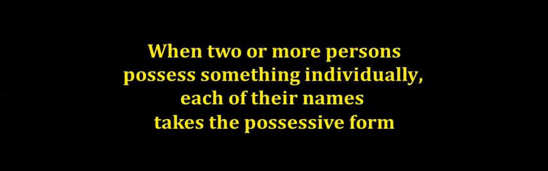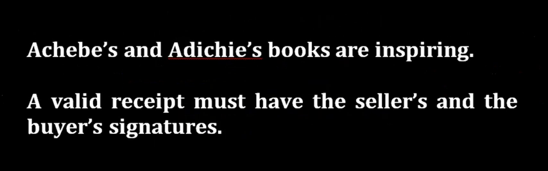Brenda's and my picture. The next point you need to bear in mind is that when two or more persons possess something individually, each of their names takes the possessive form. Example: Achebe's and Adichie's books are inspiring. You'll notice the possessive form of the name Achebe and that of Adichie.